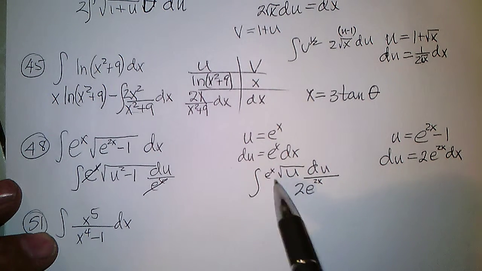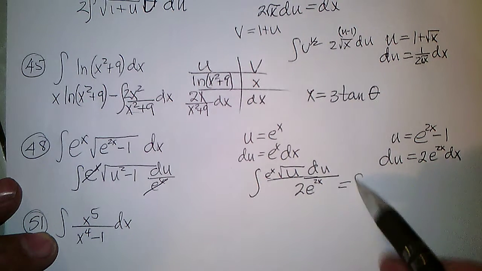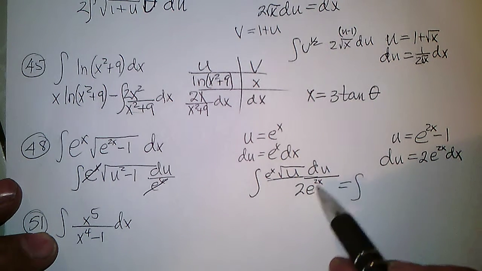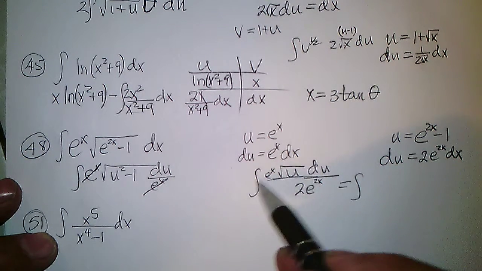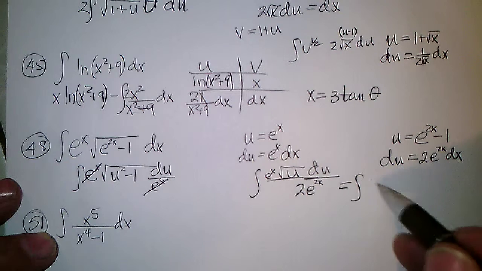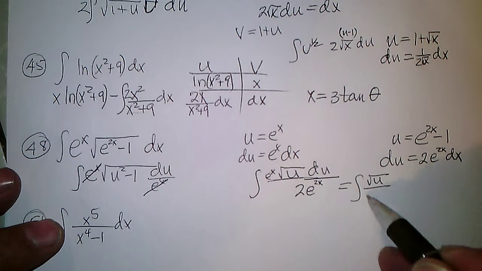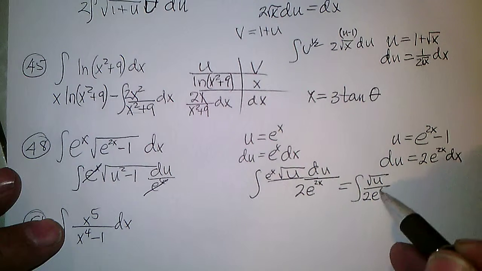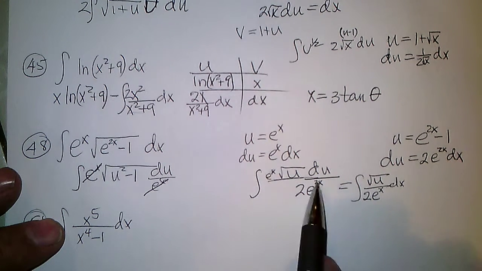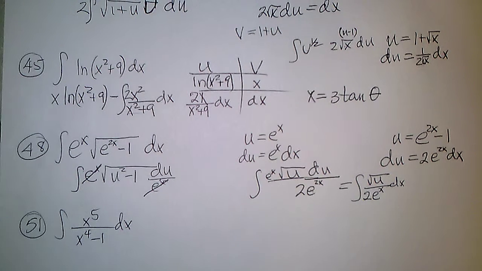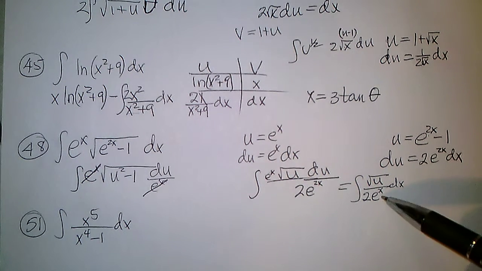And so then if I solve this, I would subtract the powers because this is division. So I'd have the integral of, this is e to the x squared, so one of them would cancel, and I'd still have an e to the x in the denominator, so I'd have the square root of u over 2e to the x dx, subtracting the powers, x from 2x is x, and I think I could solve for e to the x in this, but I don't think it's going to look very nice.